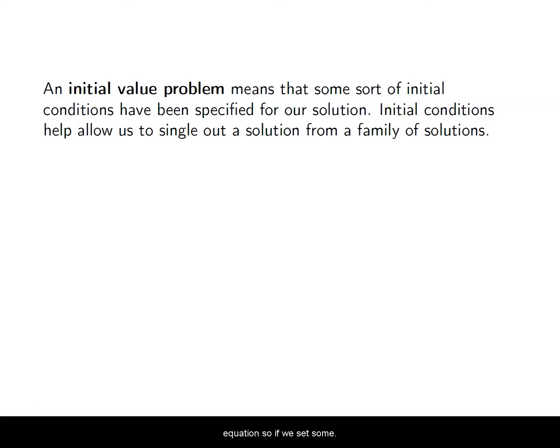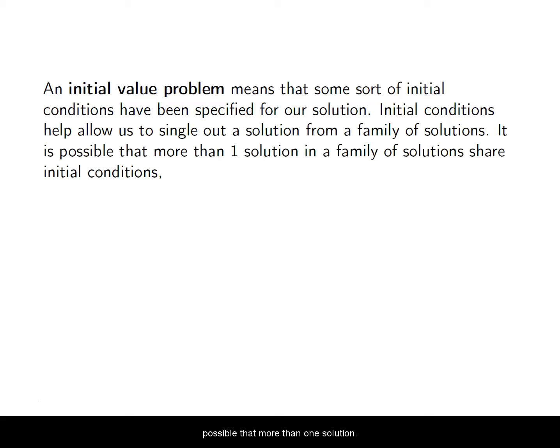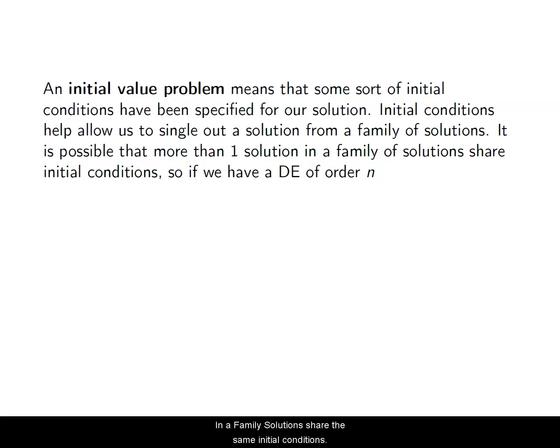So if we set some conditions on the solution we want, it helps us to narrow down to what we call a unique solution. Now, there's not always a unique solution. Sometimes there is no solution. Sometimes we have to go through other means, which we will talk about in chapter 2. It is also possible that more than one solution in a family of solutions shares the same initial conditions.